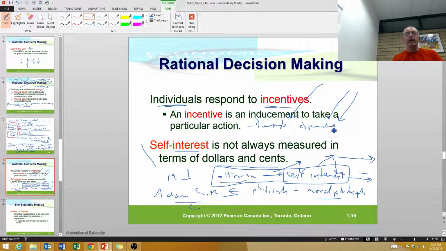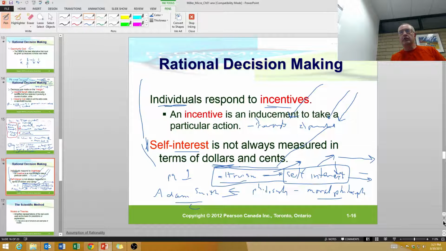And so even Adam Smith reduced altruistic activities down to self-interest. So we're back to our point that even though acting self-interestedly might not be boiled down to dollars and cents, it still encompasses altruism, or acting for the best interest of other people rather than oneself. Adam Smith says that's still self-interest.